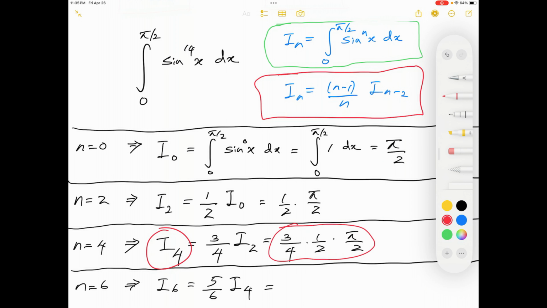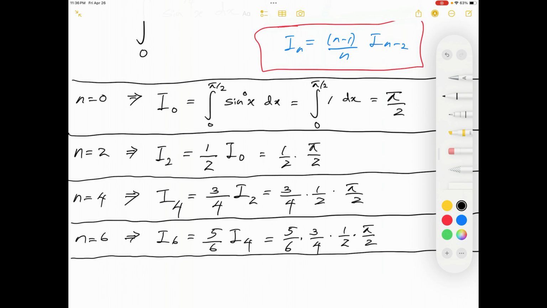In the previous step, we showed I sub 4 is equal to all of these. So I'm going to use those for I sub 4 in this step. We have 5/6 times I sub 4, which is 3/4 times 1/2 times pi over 2.